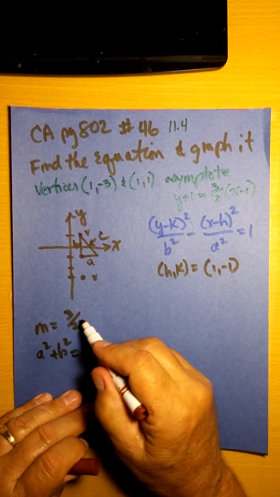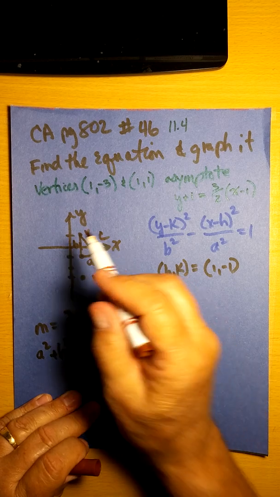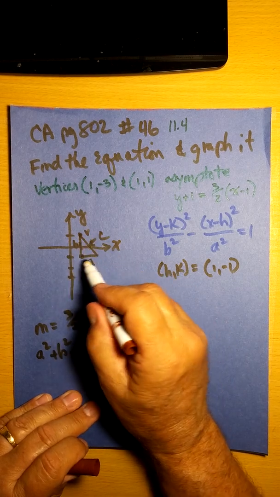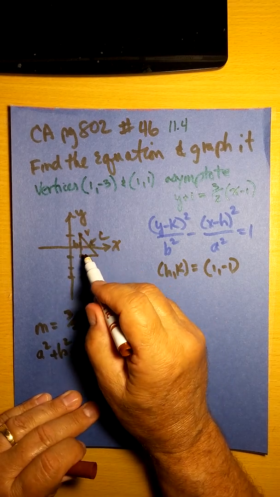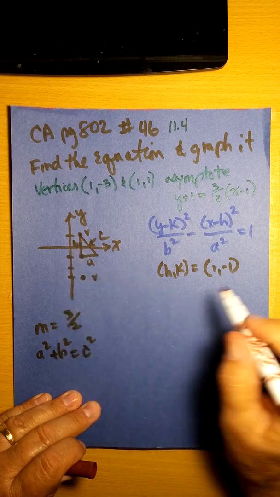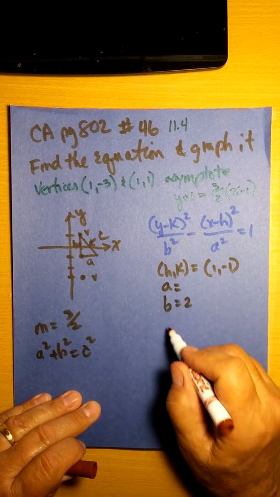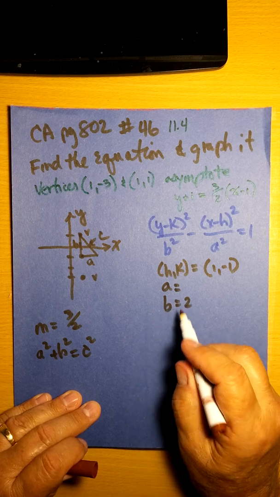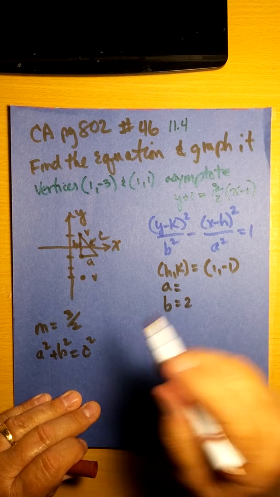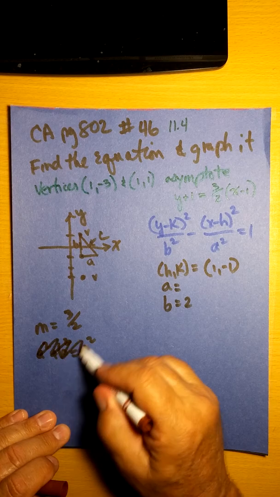Now, the slope being 3/2 doesn't mean that b has to be 3 and a has to be 2. In fact, we know that b is 2, right? We don't know what a is. We really don't need c. I guess I'm just giving you that information.